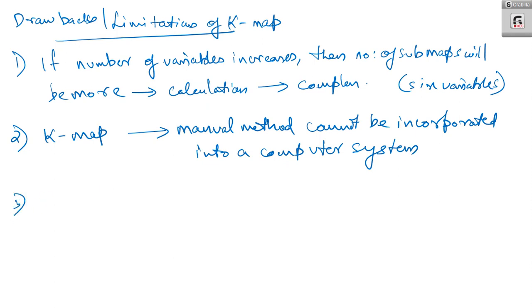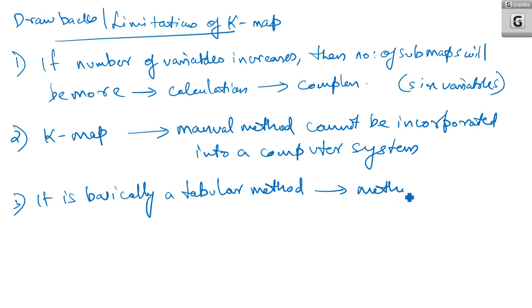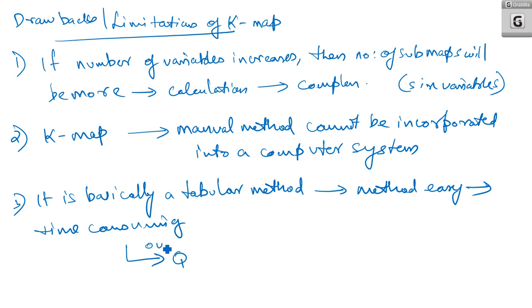Coming to the third drawback, it is basically a tabular method. Although the method is easy, it is time consuming. So to overcome these drawbacks, the method which is proposed is Quine-McCluskey method.